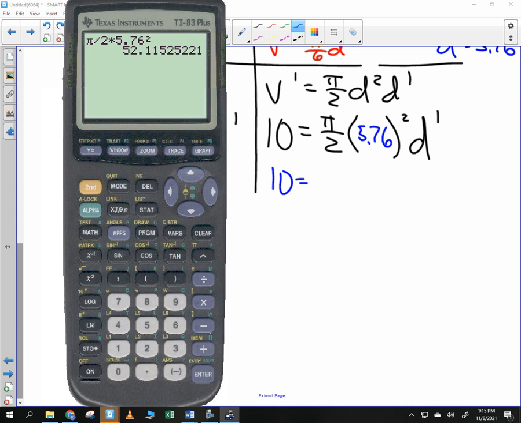So 10 is equal to 52.12 d prime. And now I take 10 and I divide it by that answer, and I get 0.19. So d prime is equal to 0.19. What's our measurement? Centimeters per second.